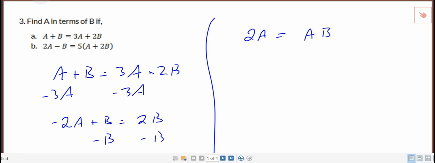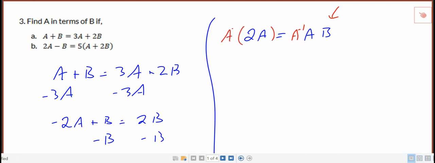The problem is you can't just divide by a matrix. You would have to multiply by its inverse. And since on this side, if I'm trying to get rid of the A, and A is on the left, I have to multiply by the inverse on the left.